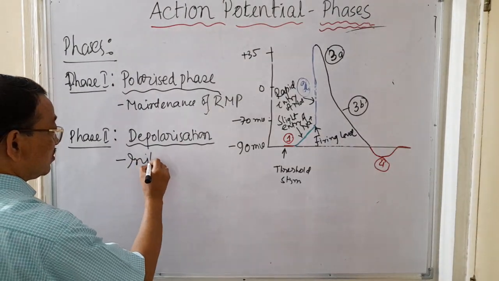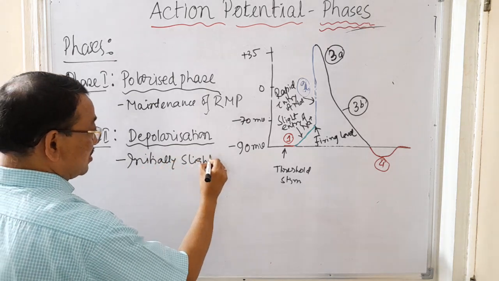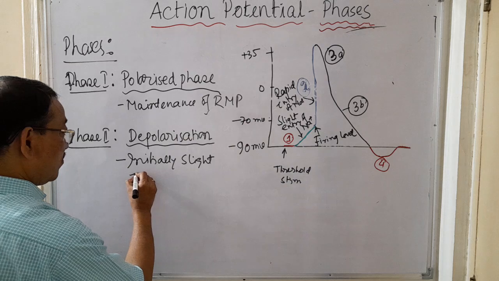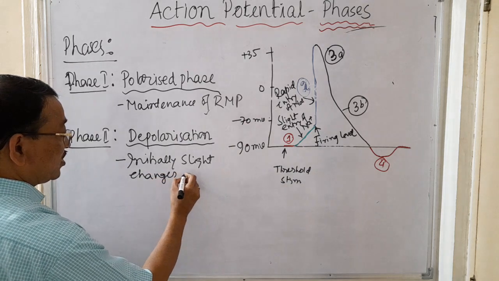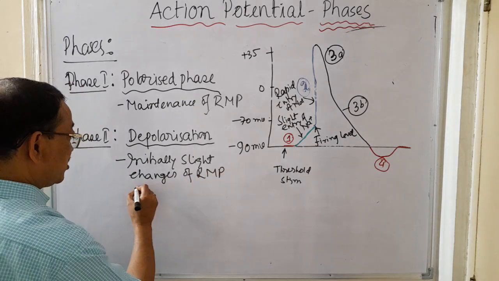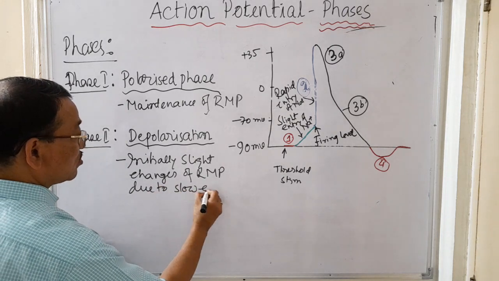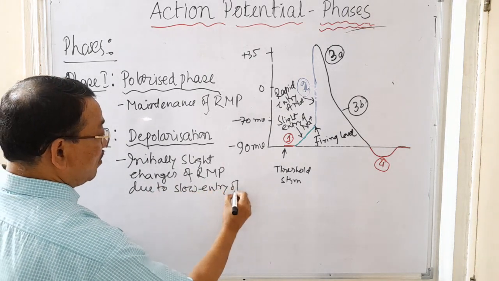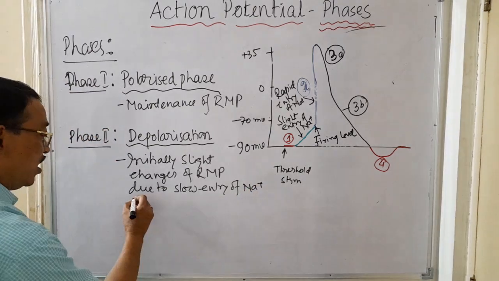Initially, there are slight changes of the resting membrane potential, and that is due to slow entry of sodium ion. Very slowly, sodium ion enters. How long?